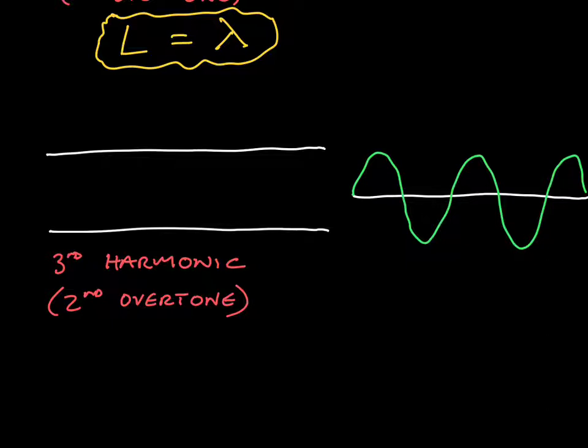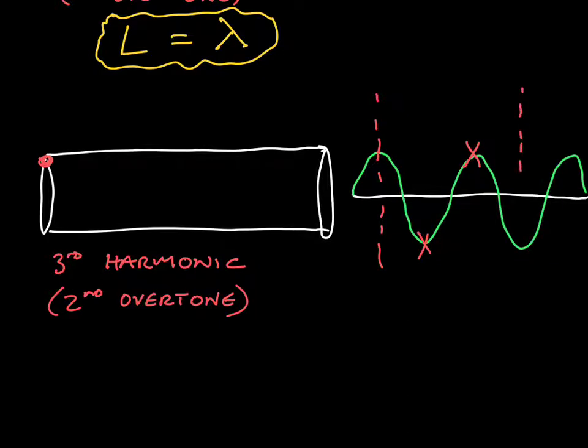Again, we're going to have an open-ended column, so it's open on both sides. We're going to start with this area of maximum displacement. And I'm going to go to my reference chart here and pick that area of maximum displacement. So we're not going to choose the first harmonic or the second harmonic, we're actually going to choose the third harmonic.